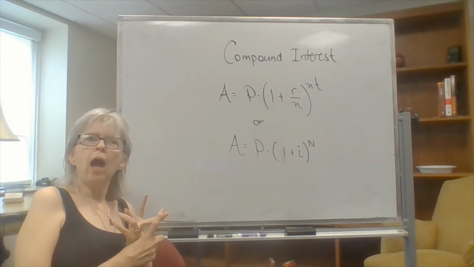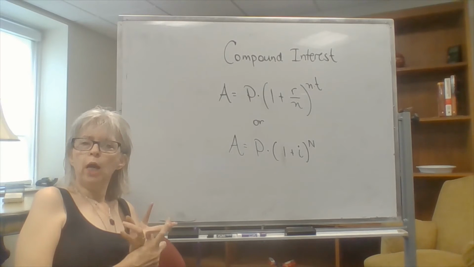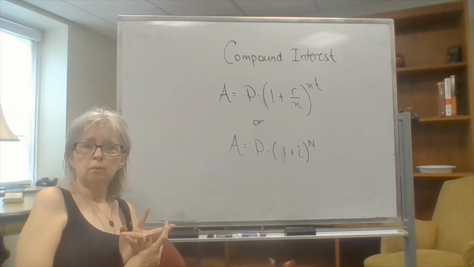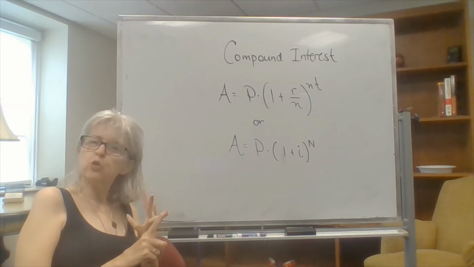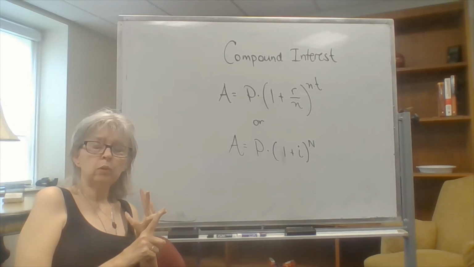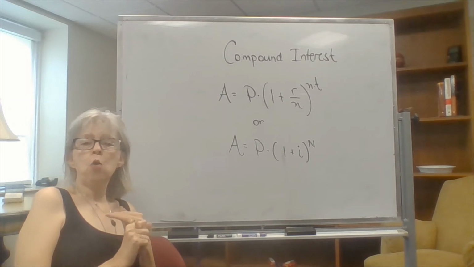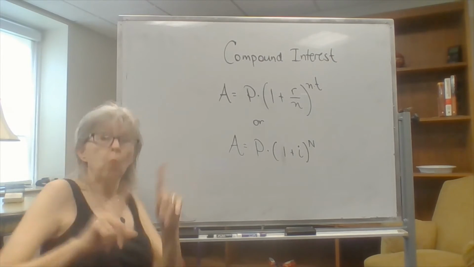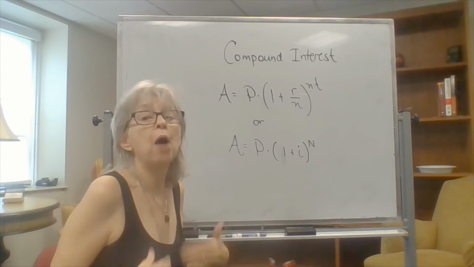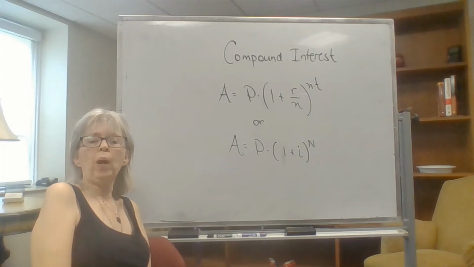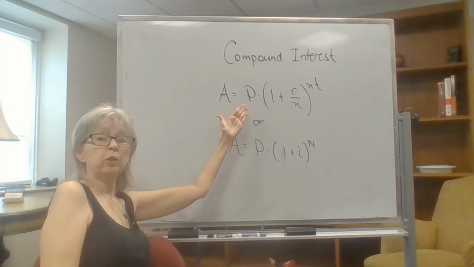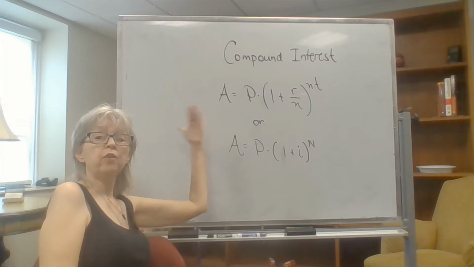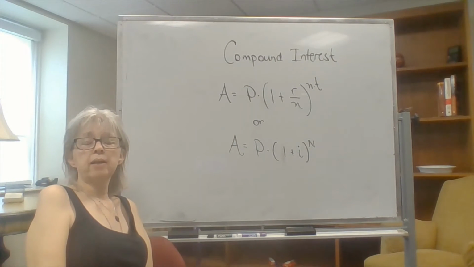I know how much I want it to be worth at some point. I know my annual interest rate, and I know my number of compoundings. But what I don't know is how many years I've got to wait for my present value to turn into the future value that I desire.